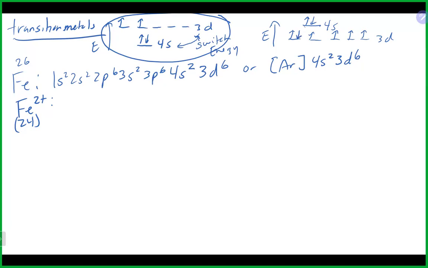And we could see that it is actually the 4s electrons that again are higher in energy because of this switch that occurs. So when iron actually loses its electrons, it will actually lose these 2 electrons first. And that will make the configuration for iron with a +2 charge argon 3d6. We're going to actually lose those s electrons first.